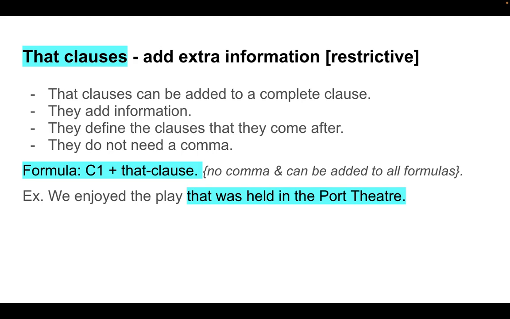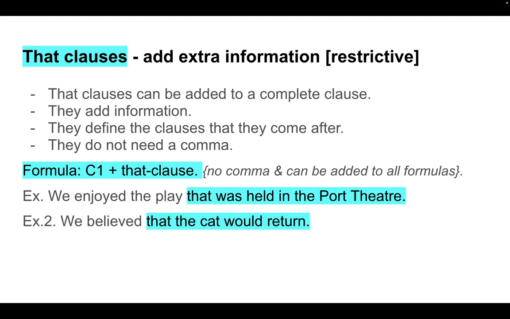Let's take a look at the second example. We believed that the cat would return. Now, this is a slightly different use, and this is actually the most common use that we can see for writers utilizing the that clause. Essentially, you have the subject and then the verb, and a that clause gets tacked on directly after the verb.